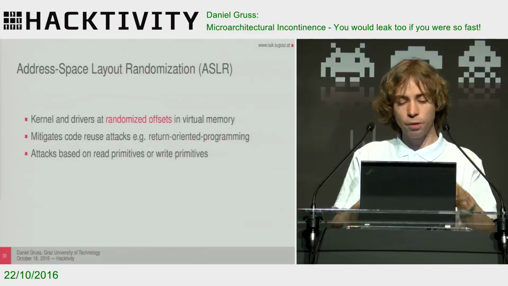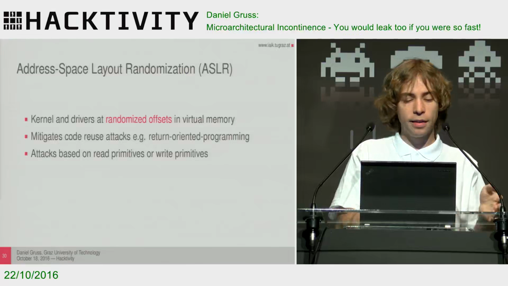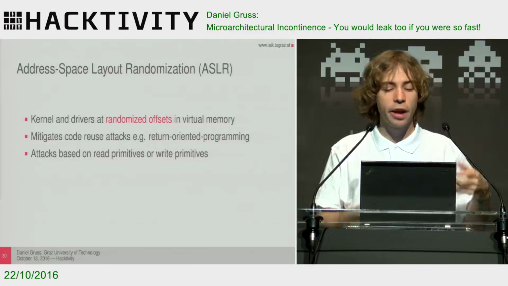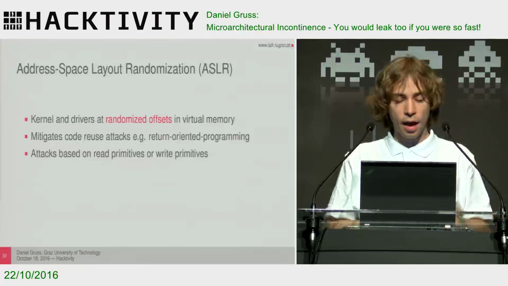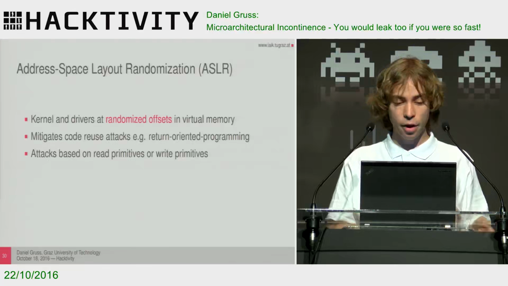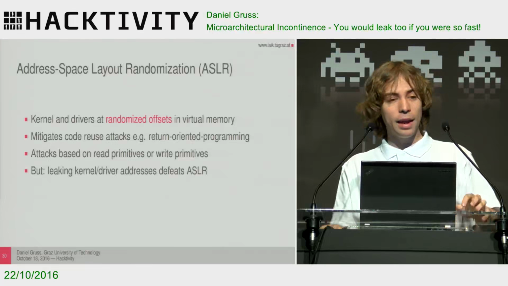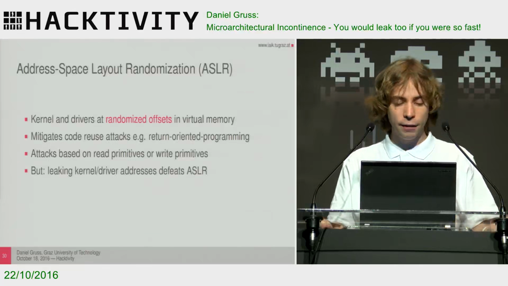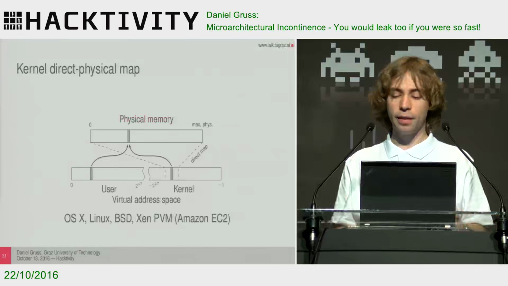And they have tried to prevent that by introducing ASLR, so now kernel and drivers are at randomized offsets, and this tries to mitigate return-oriented programming attacks and stuff like that. But if you leak an address, ASLR is basically defeated because only the offset is randomized.